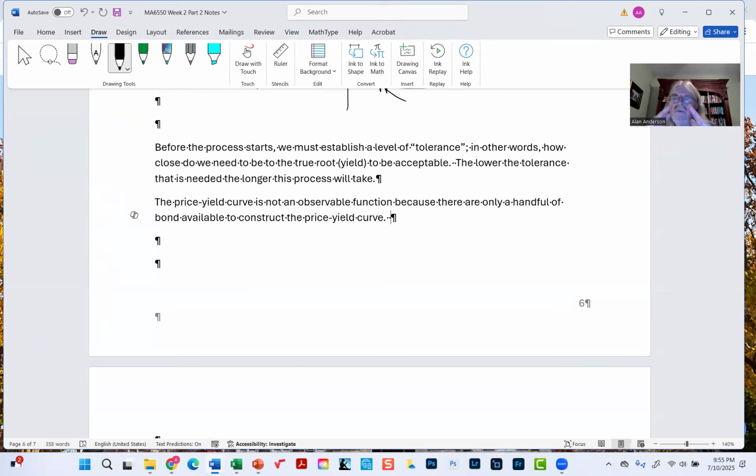In other words, that price yield curve covers every possible yield from zero up to whatever. We don't have enough information in the market to construct the entire curve.